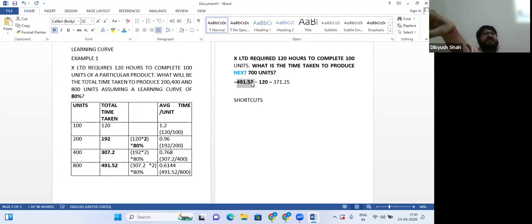That is the additional time needed to make after 100 units, that is the 101st unit to the 800th unit. Is it clear or should I explain again? The total time taken 491.52 minus 120 is 371.52. Correct? Done.